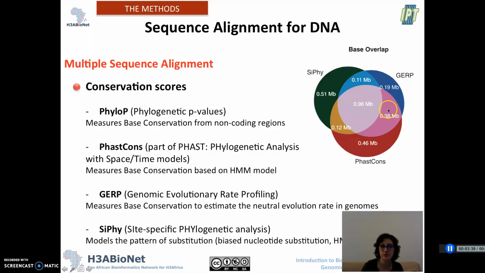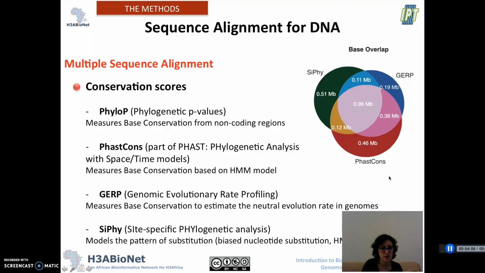So it seems a bit complicated, but in order to ease the process of comparison for you, you have here a Venn diagram that shows an example of the three methods compared. What we notice is that about 60% of the elements are shared between the different methods, whereas others seem to be unique to each one.